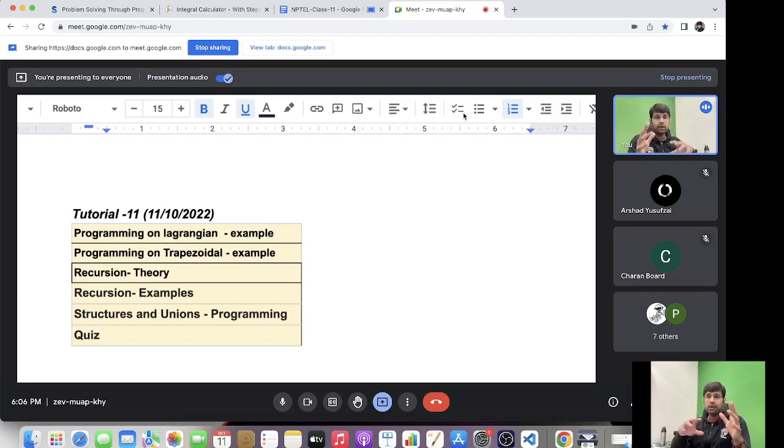Mostly in today's class I will be shifting to the whiteboard. I will share the screen, and please let me know if you have any issue reading the font size or anything else. Let me share my whiteboard with you.